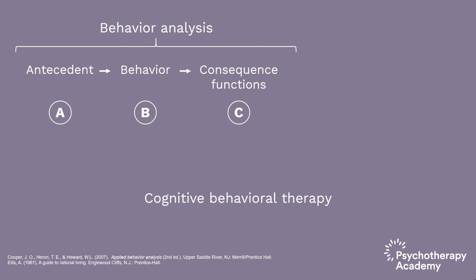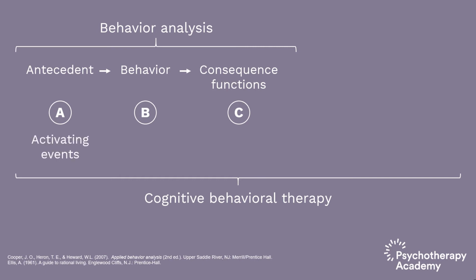And if you look at traditional CBT models, they are often linear models as well. For instance, Albert Ellis, one of the chief pioneers of CBT, the developer of rational emotive behavior therapy, forwarded an ABC model as well. REBT assumes that there are activating events that elicit beliefs that are followed by emotional consequences.